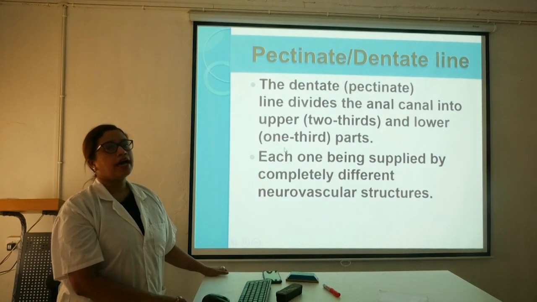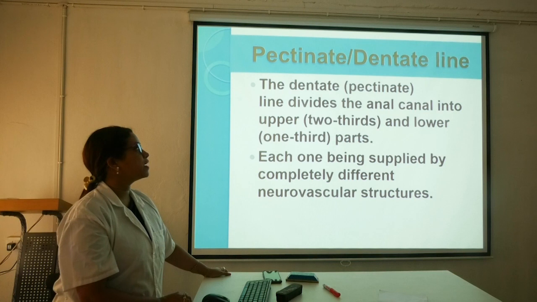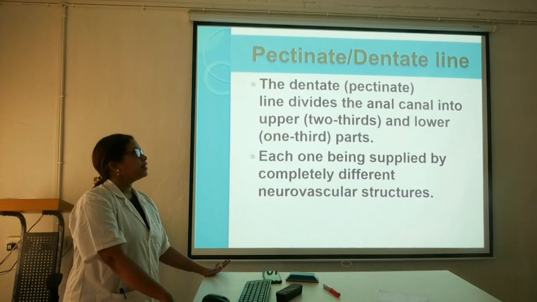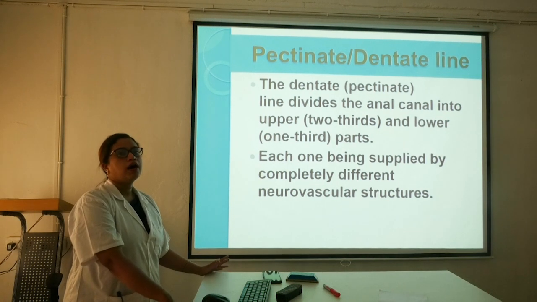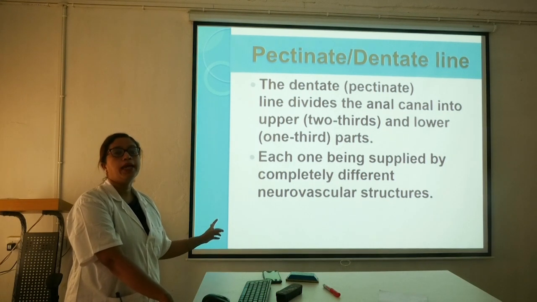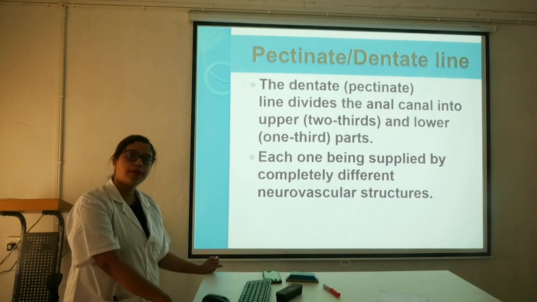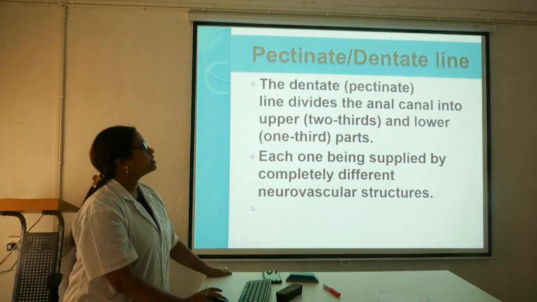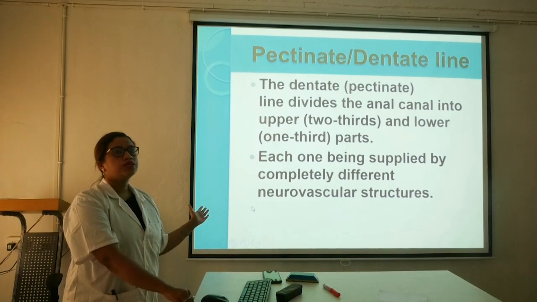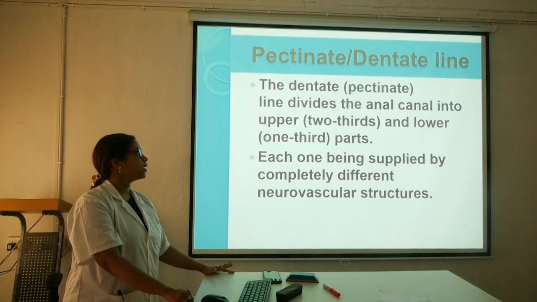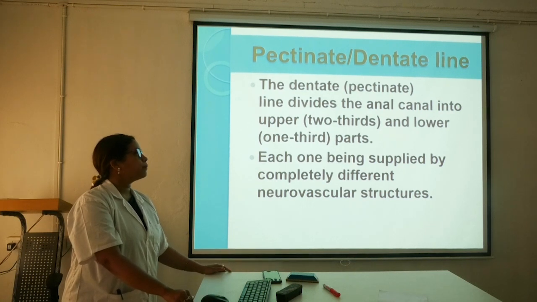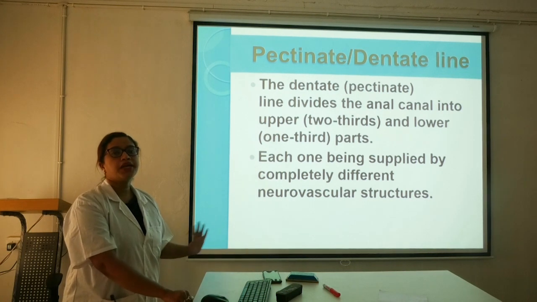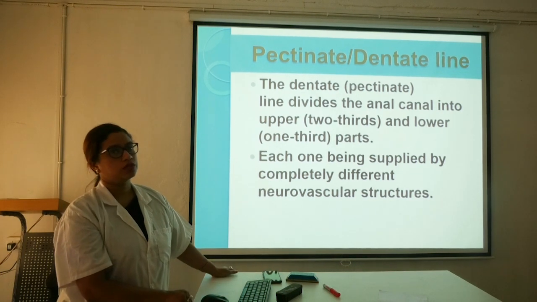What is the pectinate line or dentate line? The dentate or pectinate line divides the anal canal into... So this is the definition you have to tell. You have to say it divides the anal canal into upper 2/3 and lower 1/3, each being supplied by completely different neurovascular structures.